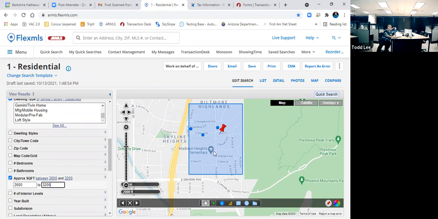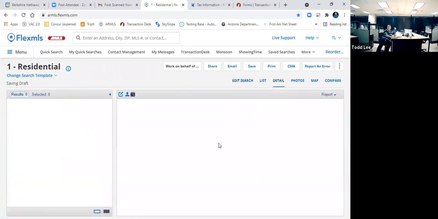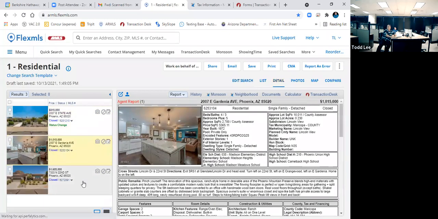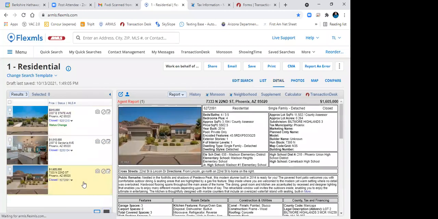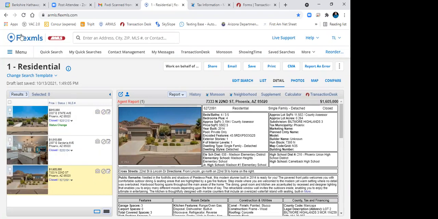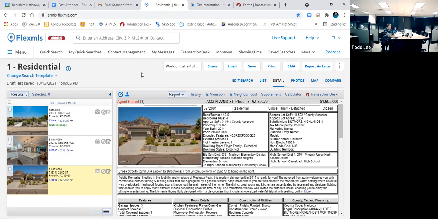So nothing active. And that might be what you come across right now because there just isn't a lot of actives in there. So let's just take a look at detail and see what this shows us. 815, a million. Yep, 1.6. How about extending the period? Extending the area? No, the period. So, up to 6 months maybe. Well, I can go back. All it's going to do is bring me more solds. It's not going to bring me any actives.